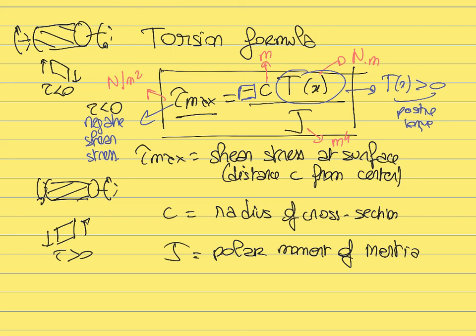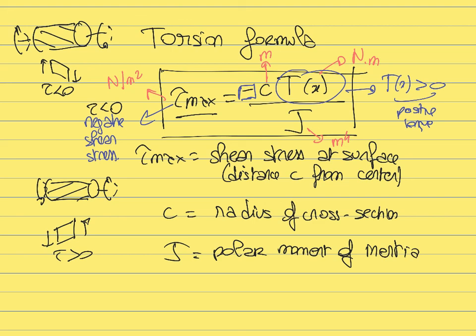So the shear stress increases proportionally to the distance c from the center, up to the radius of the circle. We also find that the shear stress is proportional to the torque, so proportional to T of x. This makes sense. The higher the torque, the higher the shear stress.